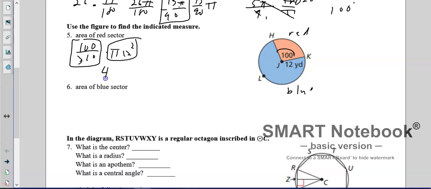So the answer is 40 pi. And all I did was crunch the numbers. I did this first, times 100 divided by 360. Okay? Or I would also accept the answer, approximately 125.7. That was with using the pi key. If I use 3.14, I get 125.6. And I would accept either answer.